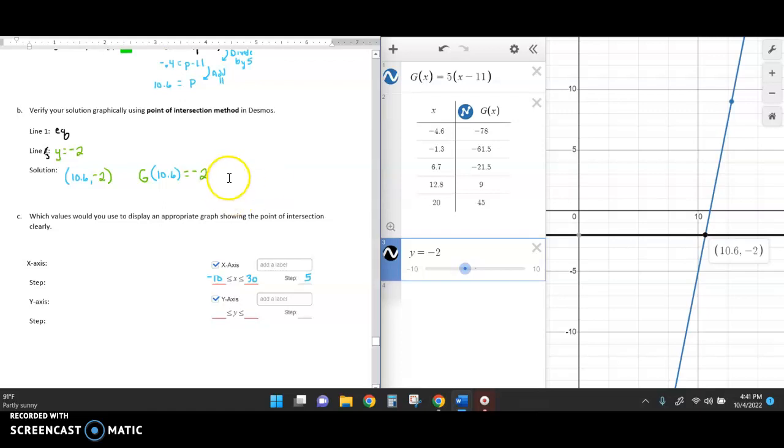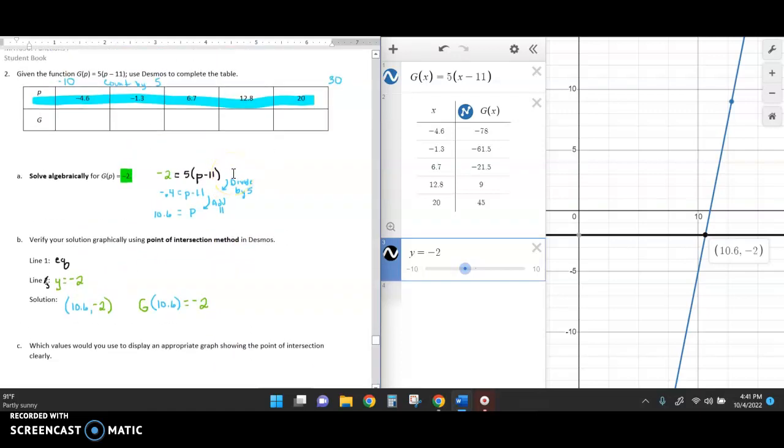And then for the outputs, if we look over here, our smallest output is -78. And then our greatest output looks to be 45. And so maybe we want to go from -100 to 50 or 60, and then count by maybe 25s.